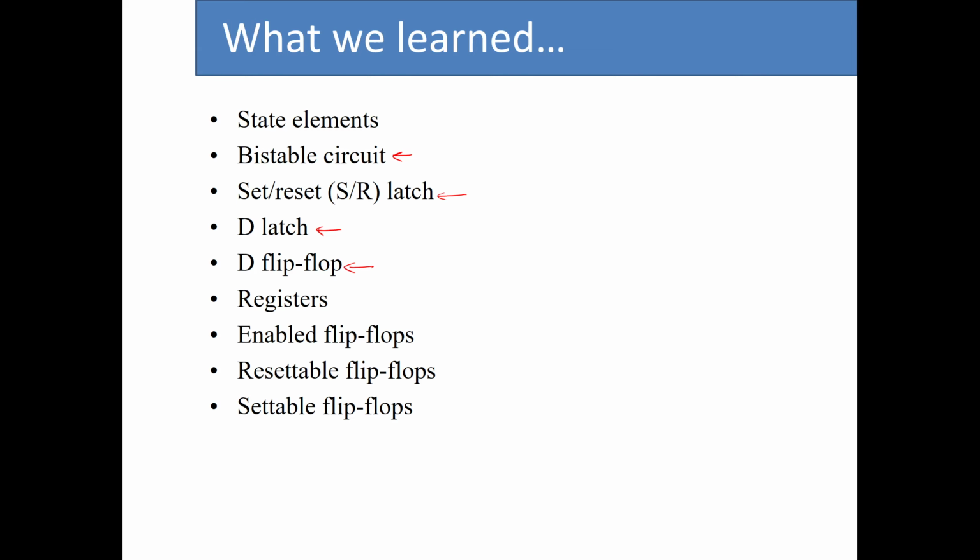Then we said that we can combine a bunch of these flip-flops to create registers, and in this video we went over some variations of the flip-flops. We can have enabled flip-flops, resettable flip-flops, and settable flip-flops, and we said these two can either be synchronous or asynchronous types, and we went over some of the designs as well.